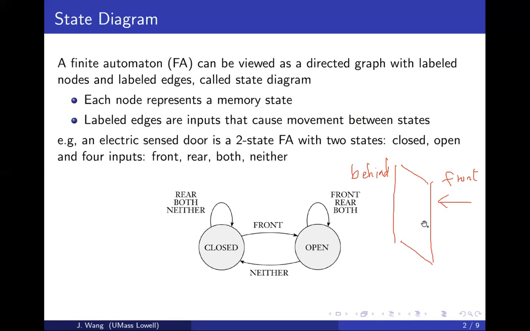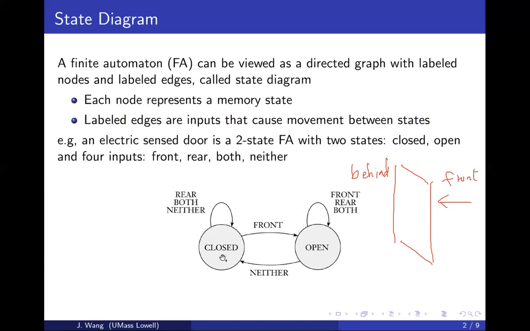So this is only open for customers from outside, customers who want to get into this door. Now we want to know how to determine whether the door is closed or should be opened, depending on the situations of persons in front or behind.